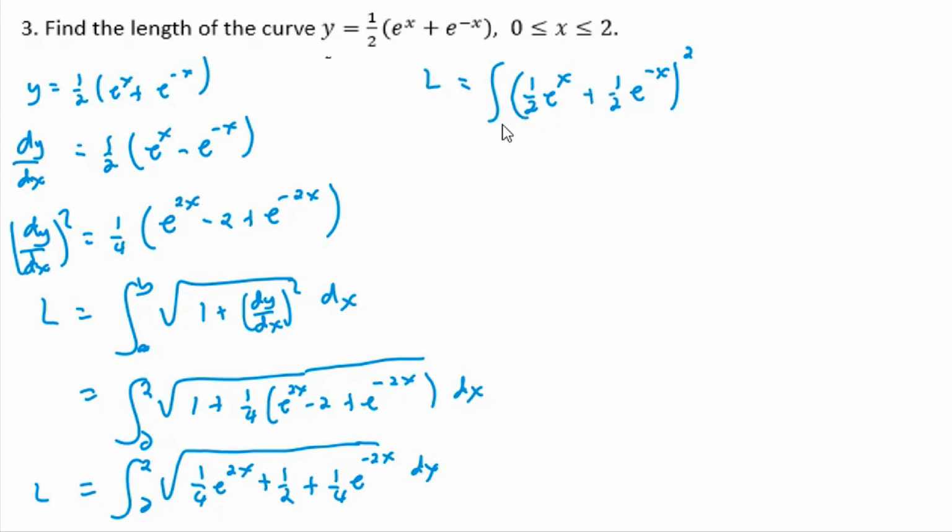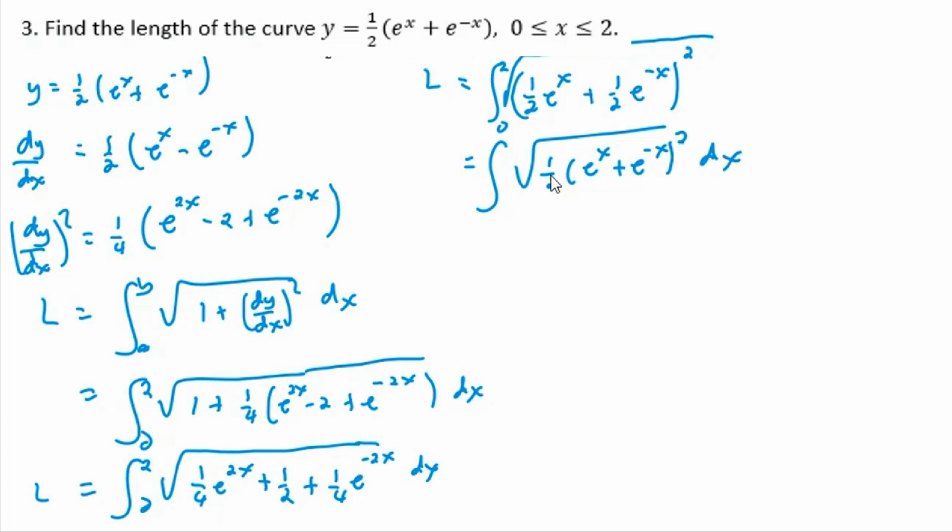So from the interval of 0 to 2, the square root of this. We have here the integral of the square root of, since the common factor is 1 half, I will write 1 half times e raised to x plus e raised to the power of negative x, to the power of 2, dx.